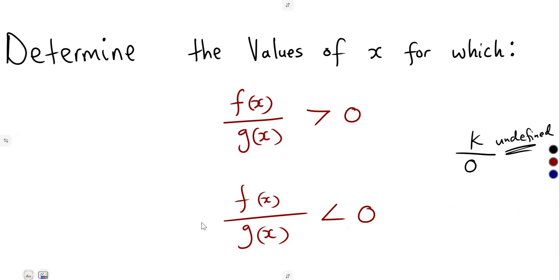So that is the first thing to put into consideration whenever you are to solve for x. To determine the values of x, you must consider that the denominator cannot be equal to 0. In our case, since we are using g of x, we are saying g of x cannot be equal to 0.